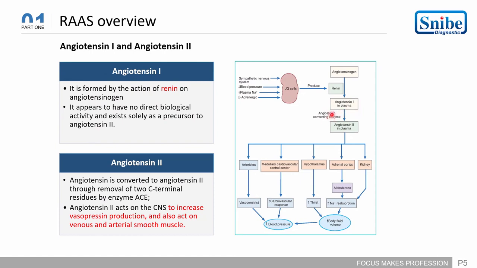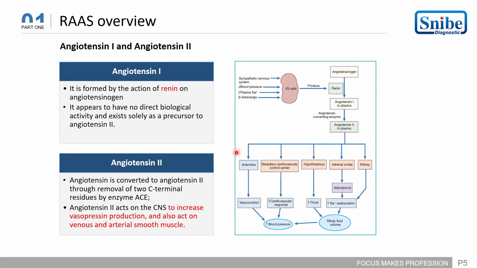This angiotensin 1 in plasma is then converted into angiotensin 2 by the angiotensin-converting enzyme. Angiotensin 1 is converted into angiotensin 2 through the removal of a C-terminal residue by the enzyme ACE. Angiotensin 2 then acts on the central nervous system to increase vasopressin production and also acts on the venous and arterial smooth muscles.